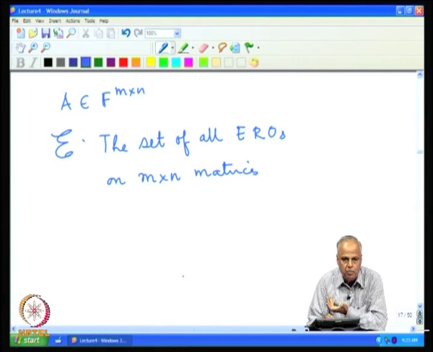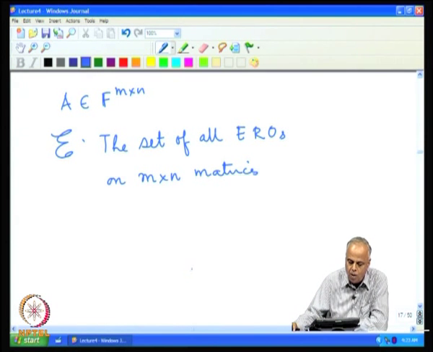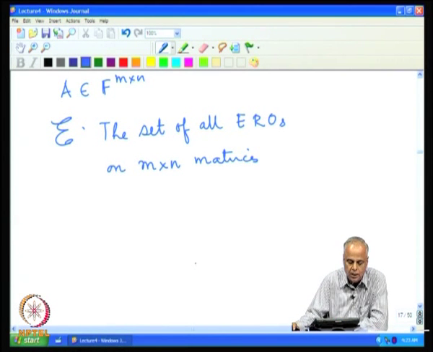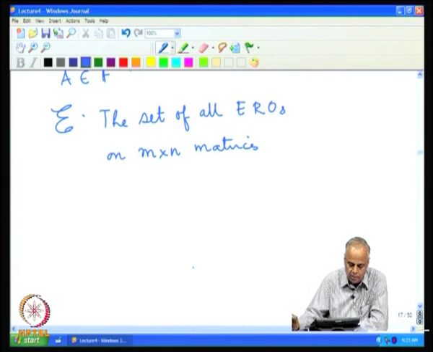They may be of type 1, they may choose any arbitrarily 2 rows and exchange them, or add a multiple of some row to another row, or multiply some row by a non-zero constant. So, take all possible elementary row operations on m by n matrices and call them as E. This is the collection of all elementary operations on m by n matrices.